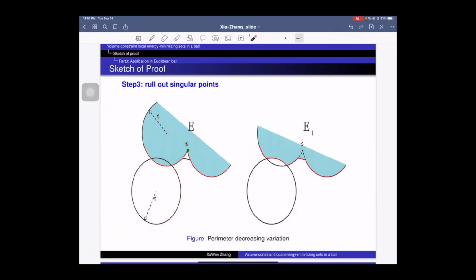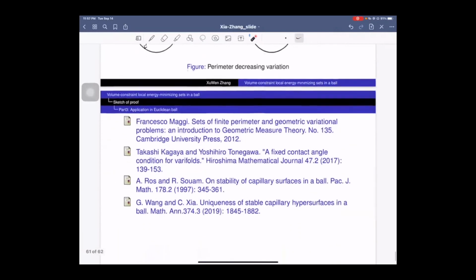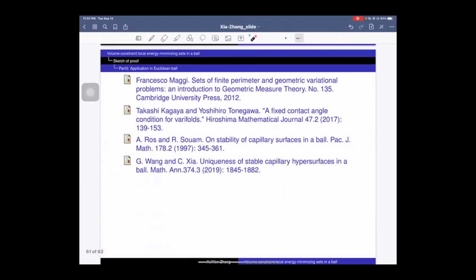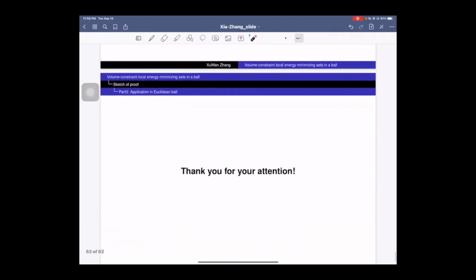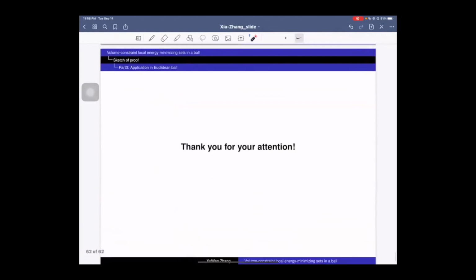The contradiction shows that no such singularity can exist, which means that we have regularity by the stability of E. Here is the reference of this slide, and I want to thank you for your attention.